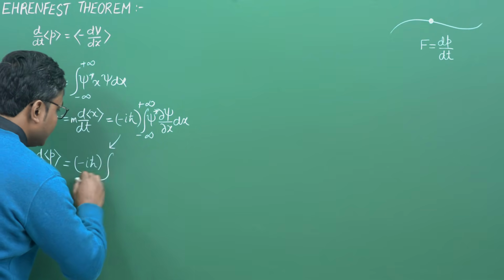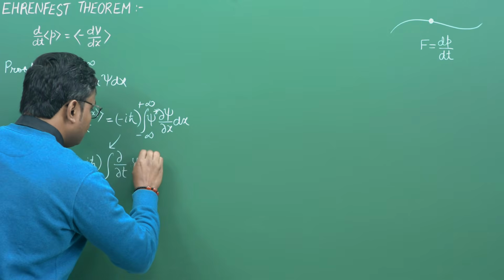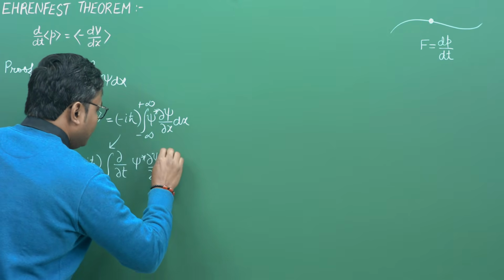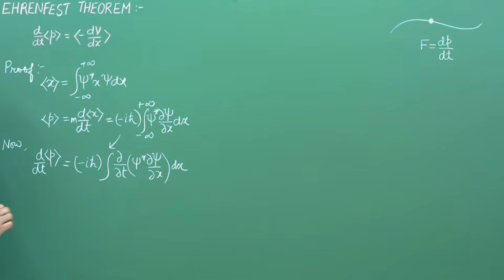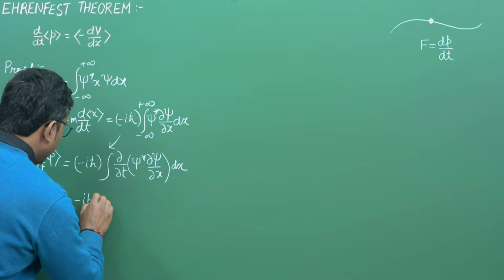I keep it out of the integration. And then I have del upon del t, where I have psi star del psi upon del x, and then I have dx here. I can use the chain rule to separate these terms, minus iota h cut.